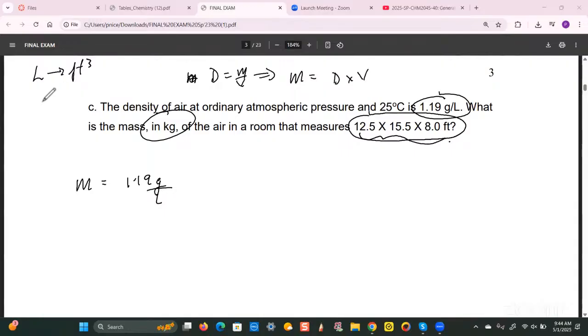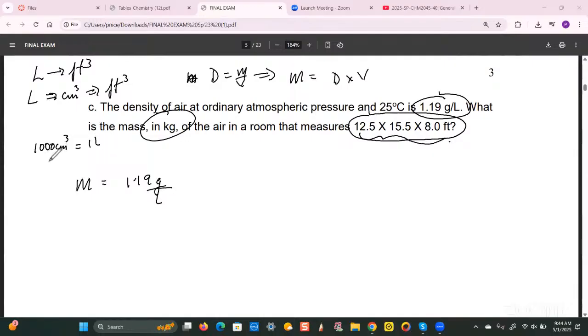And I think what you can do is go from liters to centimeters cube, and then centimeters cube to feet cube, if I remember correctly. Well, I do know, let me squeeze this here. I know that 1,000 centimeters cube is equal to 1 liter, right?